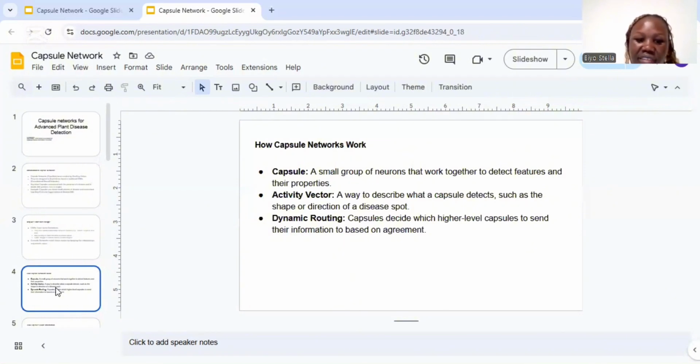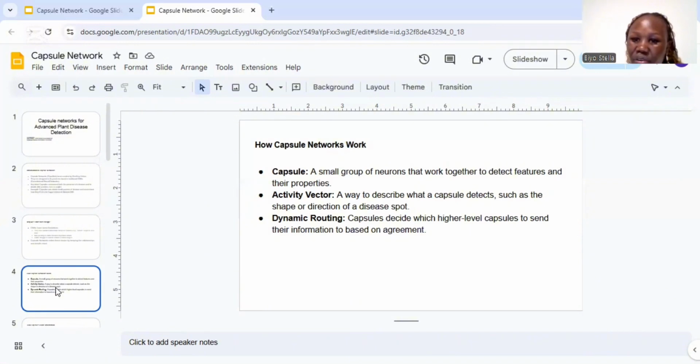Then they decide how their findings connect to bigger features, like a wilting pattern. Here are a small group of neurons that work together to detect features and their properties. Then the activity vector is a way to describe what a capsule detects, such as the shape or direction of a disease spot. We also have the dynamic routing.